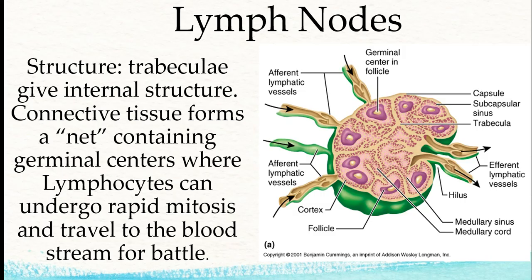And all of a sudden, boom, we can just be pumping out a whole bunch of new lymphocytes to go do their work to take care of anything that's infecting you. So if you've ever had an infection before, you might have had a high white count. Your white blood cell count would have been high. And then they will do what they call a differential or a diff count on you, and they might see a whole bunch of lymphocytes. And if they see a whole bunch of lymphocytes, they know you have an infection going on somewhere. You probably have a fever and that kind of thing.